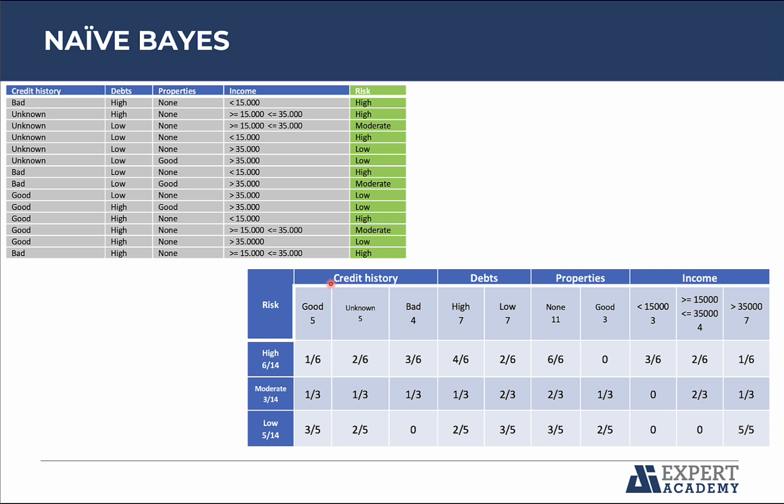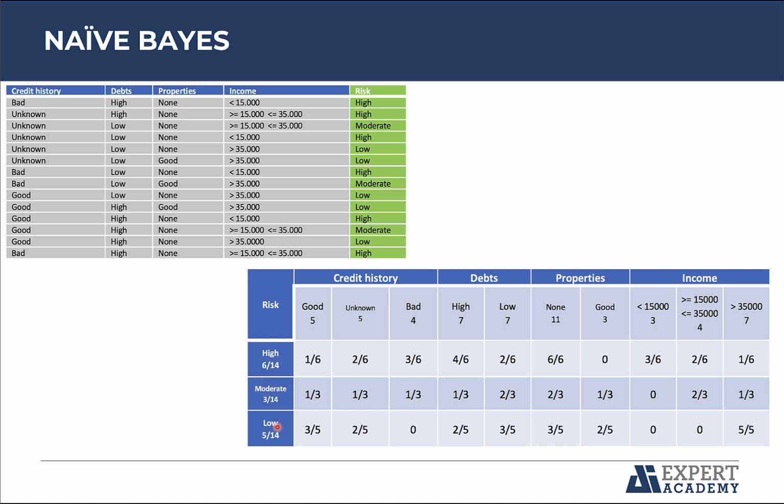We can see here the credit history, debts, properties, and the income. And we are separating by the class, which is the risk. There are three values for the risk: high, moderate, and low, as we can see here in the rows.